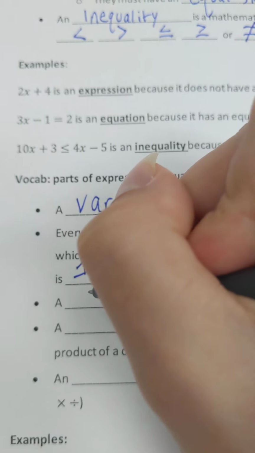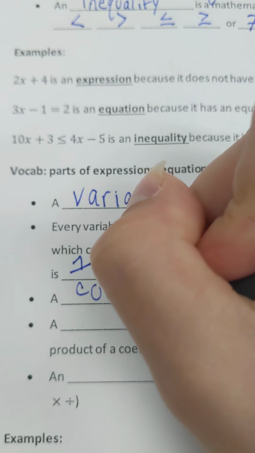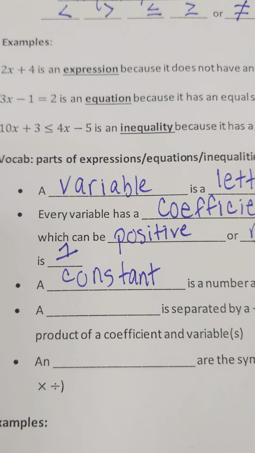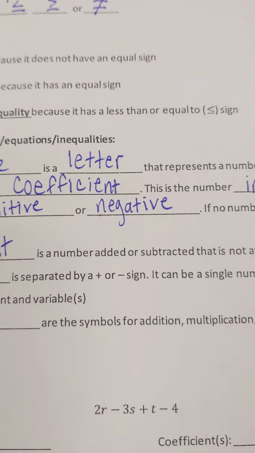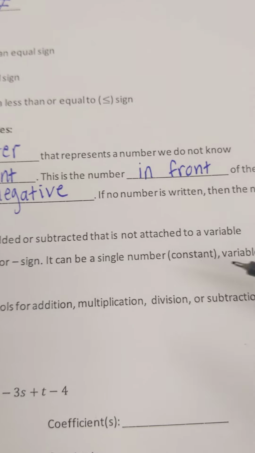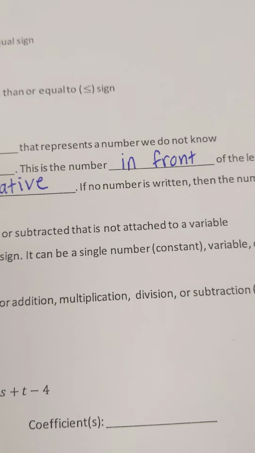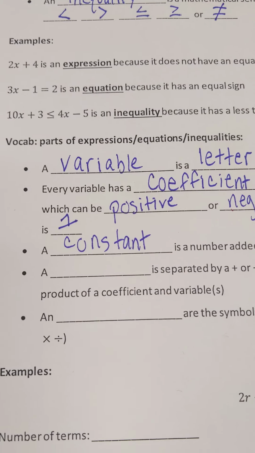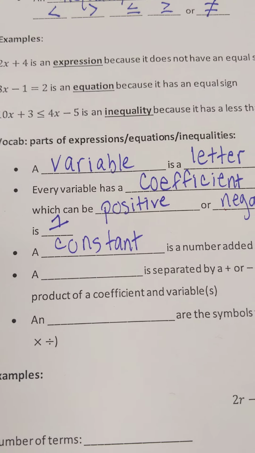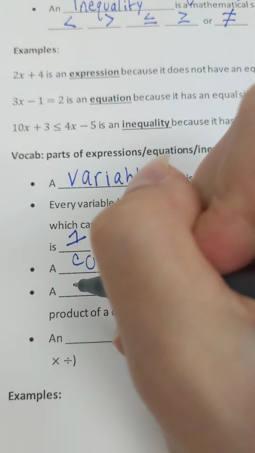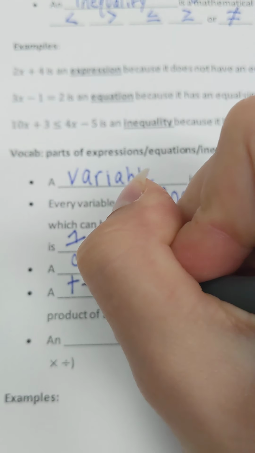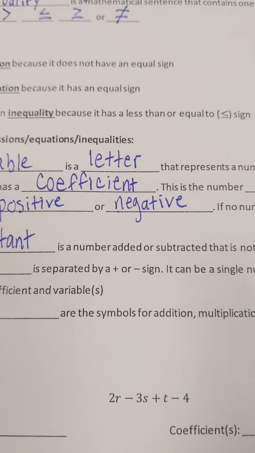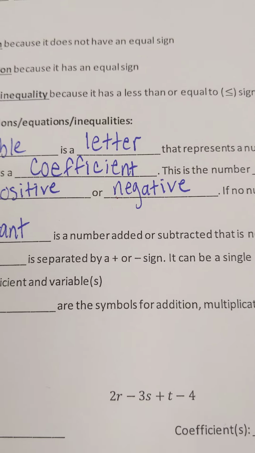A constant is a number added or subtracted that is not attached to the variable. So it's a number kind of by itself. A term is separated by a plus or minus sign.